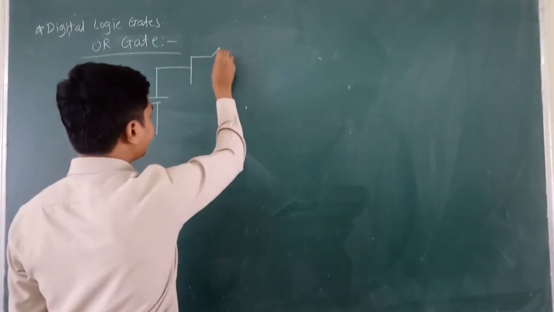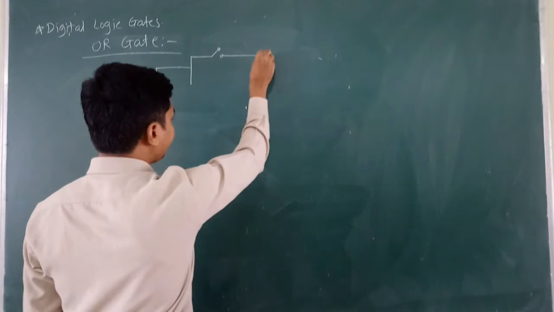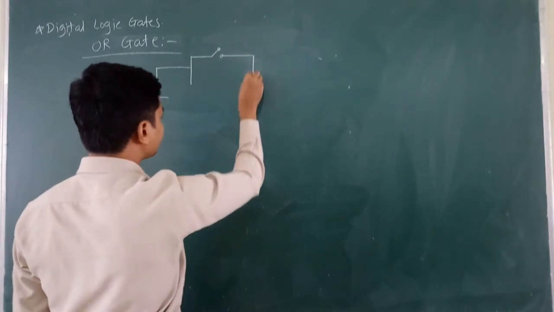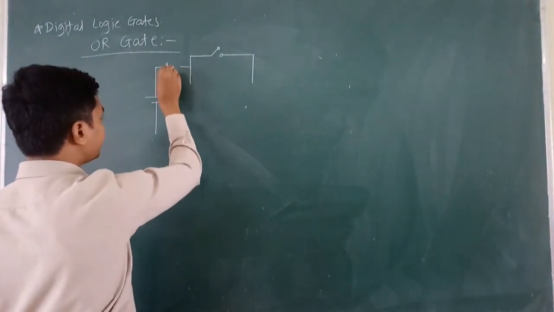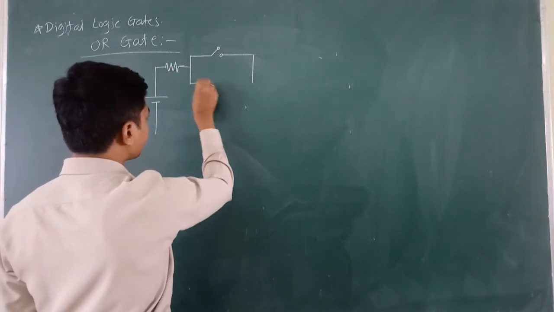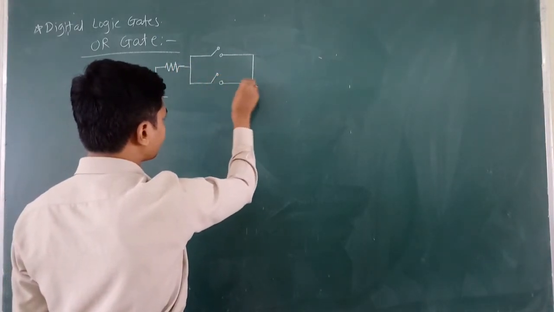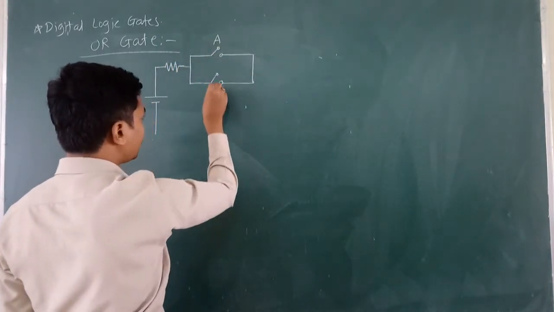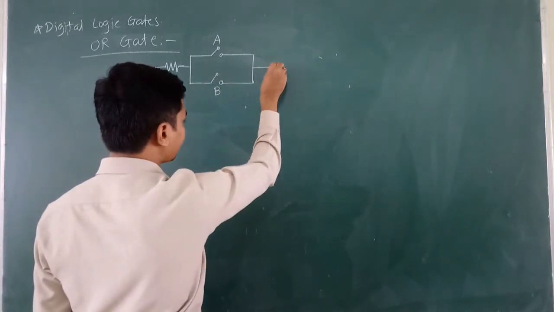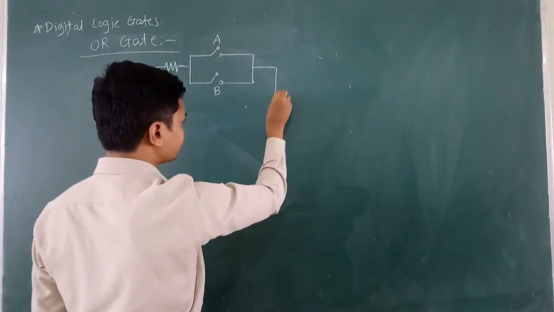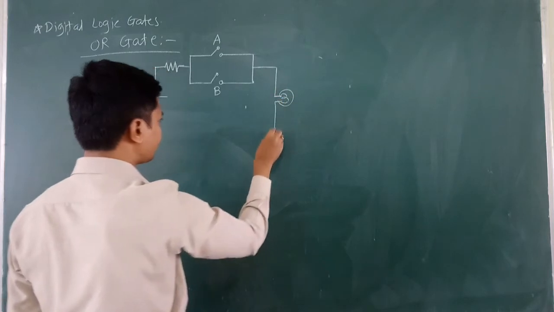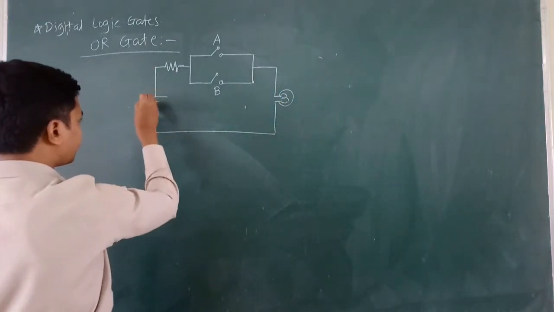Current can flow through any of these paths. Here there must be one resistor. So you have 2 parallel paths for the current flow.